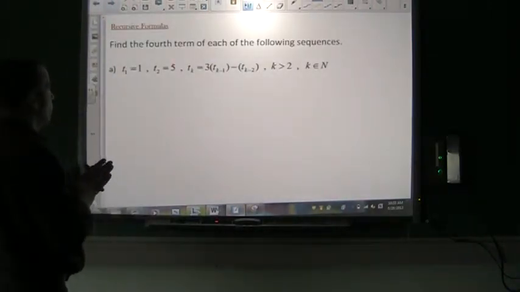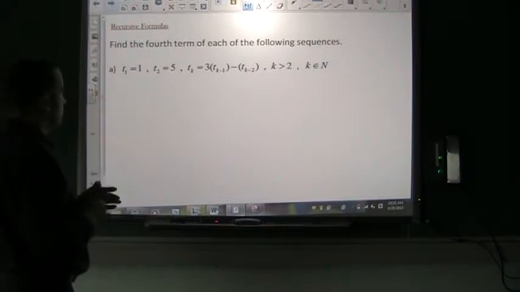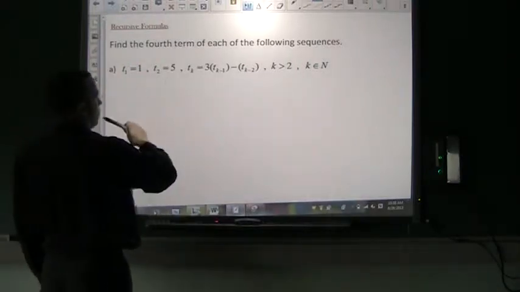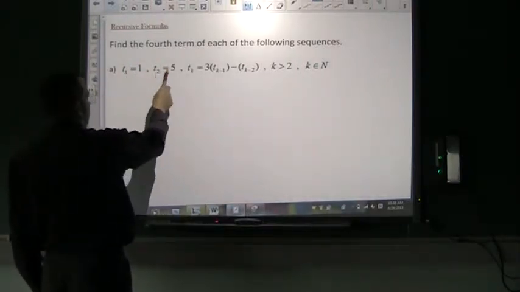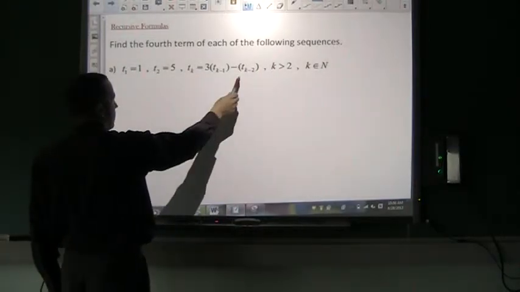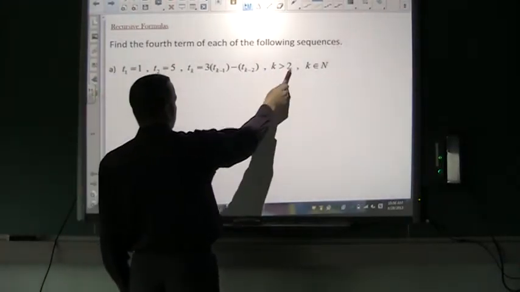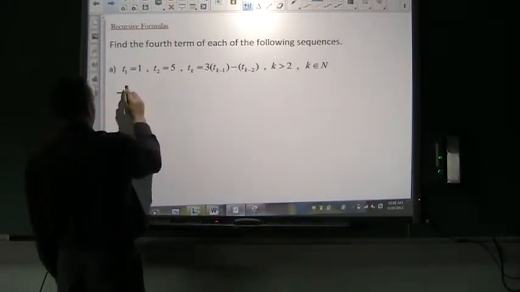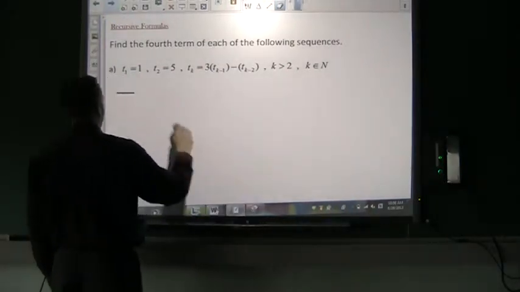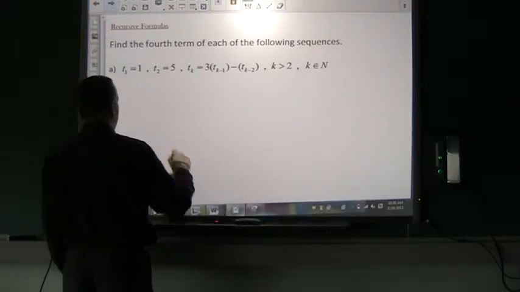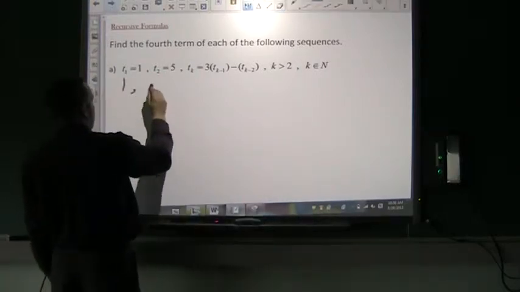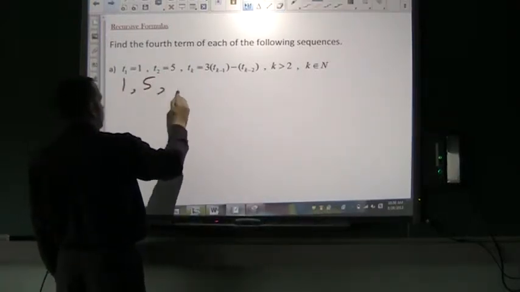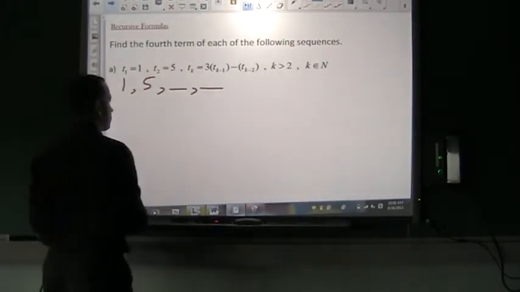It says find the fourth term for each of the following sequences. So I've only got one sequence up here. You're given the first 2, and now I have this more complicated formula. So my first one is 1. The second one is 5, and I need the next 2.